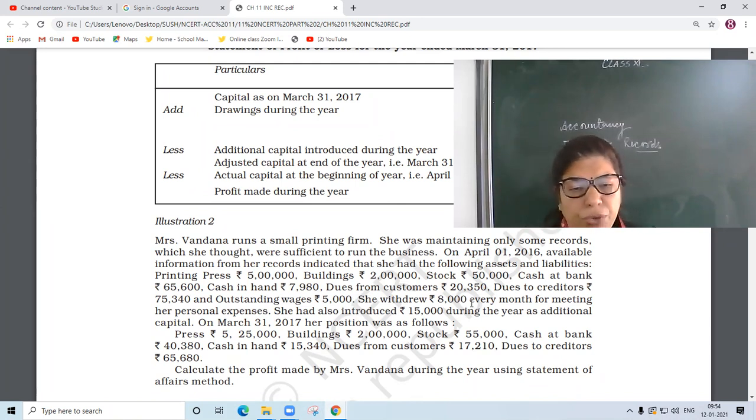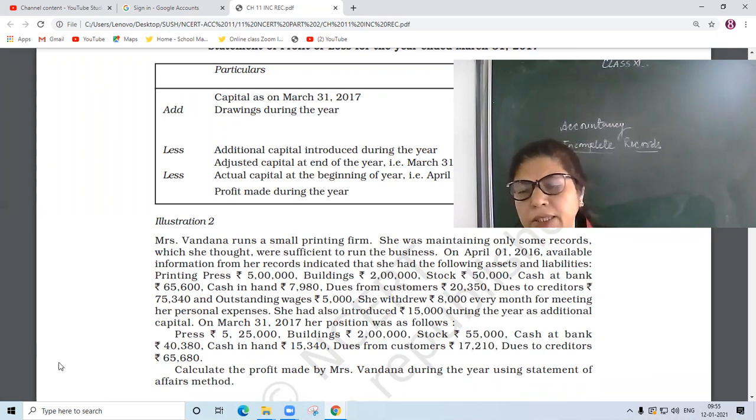Clear? So this 1st April information will be for the opening statement of affairs. Then she withdrew 8,000 rupees every month for personal expenses. 8,000 rupees every month means 8,000 into 12. Good. Now she introduced 15,000 during the year as additional capital.